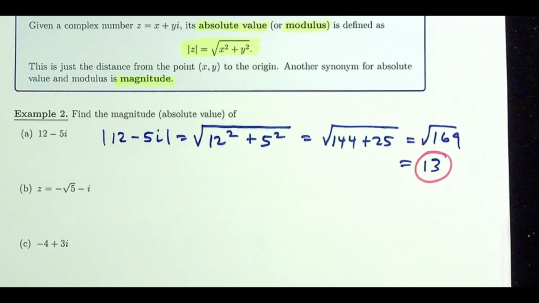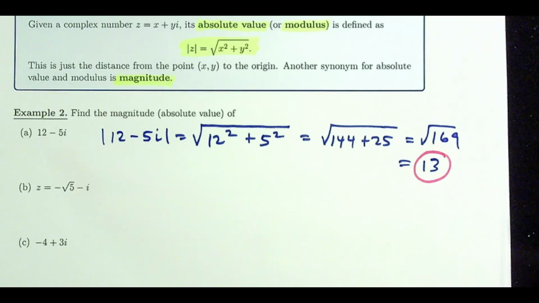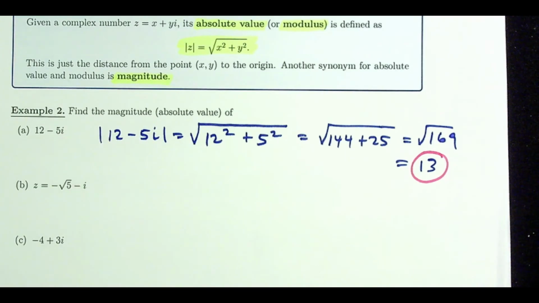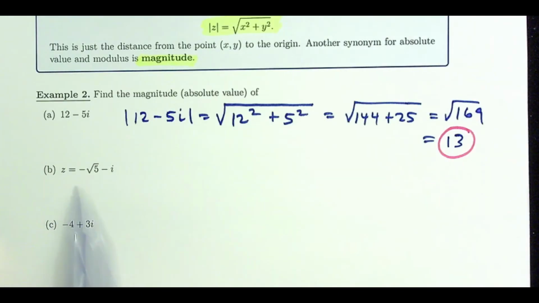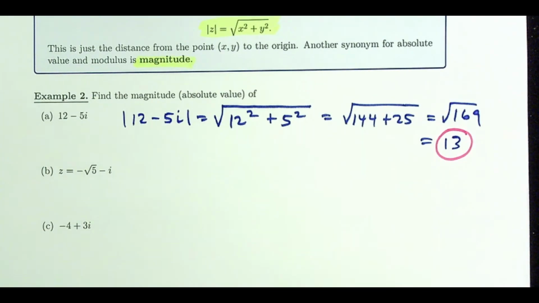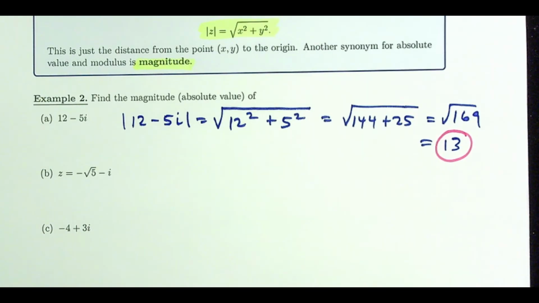So that is it. The magnitude of this complex number is 13. So that means the distance from that complex number, if you plot it in the plane, to the origin is 13 units. All right, you should try to do the next two. So pause the video and give them a shot.